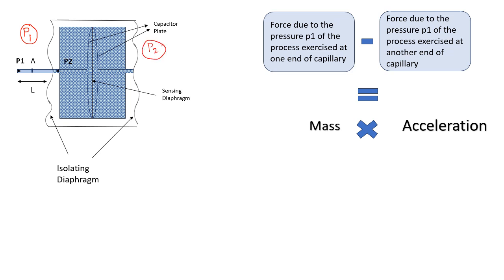So the force that is exerted inside the capsule is P1A minus P2A, considering P2 is less than P1. Now this force will be equal to the mass and acceleration of the capsule, from Newton's second law.